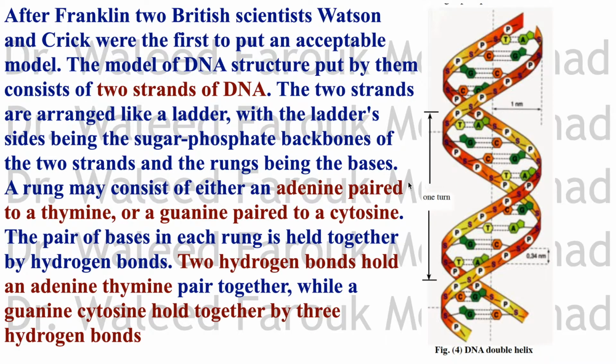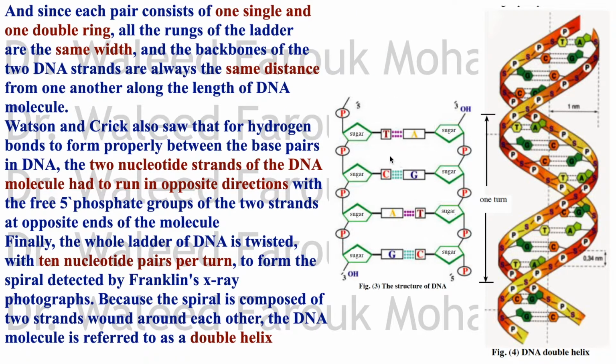after studying the shape or the structure of the 2 strands of DNA molecule. Okay. Each rung is composed of one base of a single ring and one base of a double ring.